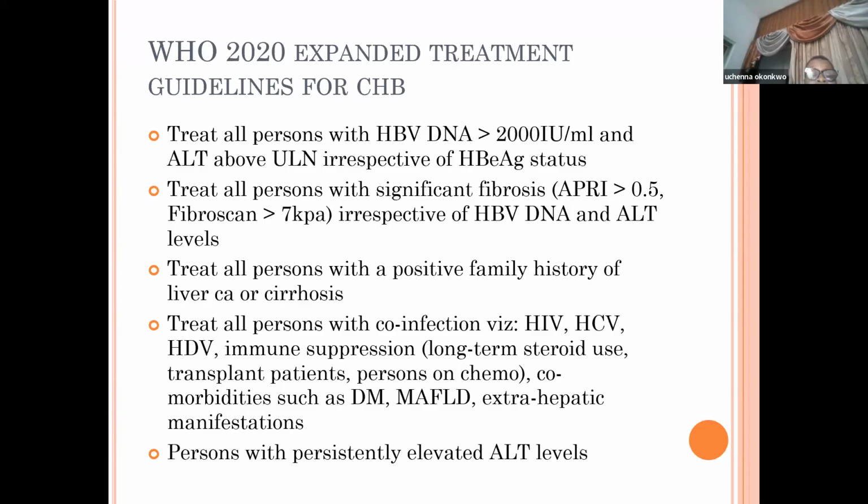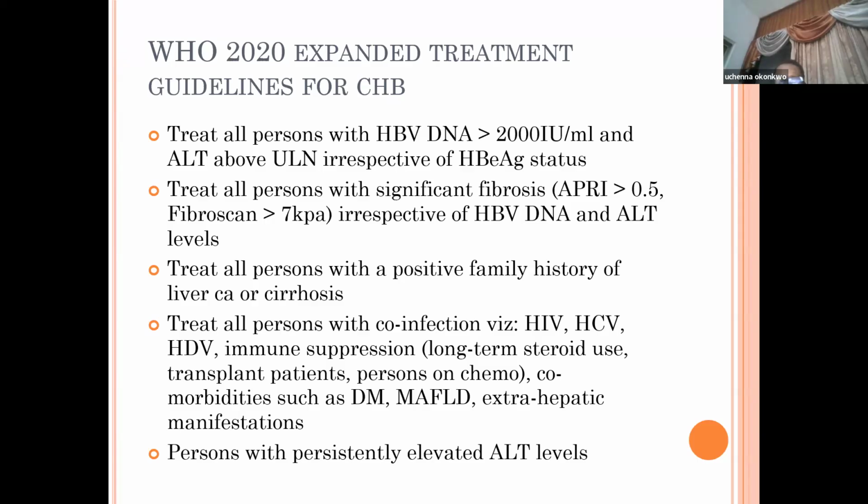All persons with a positive family history of liver cancer or cirrhosis that are surface antigen positive, irrespective of their ALT or DNA levels, should be accorded treatment. Then persons with co-infections, whether it's HIV, HCV, HDV, persons on long-term immunosuppressive medications, cytotoxic therapy, transplant patients, and recently persons with comorbidities, DM, MAFLD, should be accorded treatment.